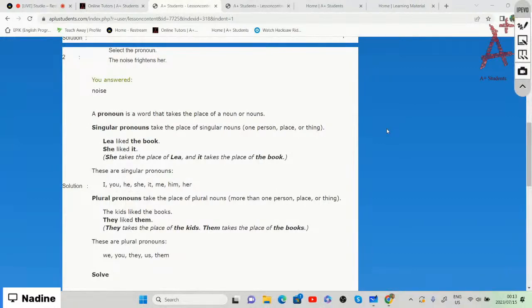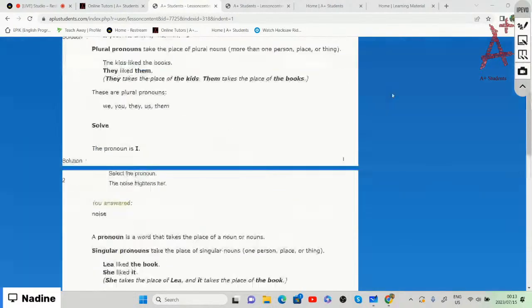Those are singular pronouns, which refer to one person, place, or thing. And then we also have plural pronouns, which are we, you, they, us, or them, and they take the place of more than one person, place, or thing, right?